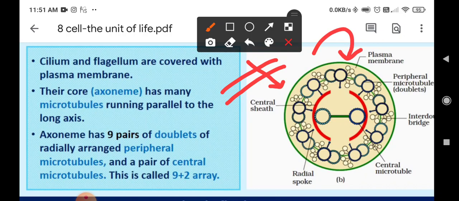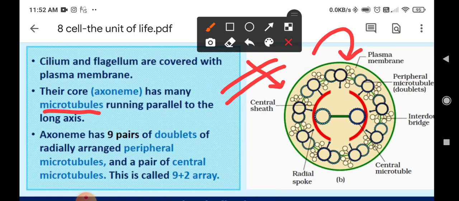Their core is known as the axoneme, and it has a number of protein filaments known as microtubules. Just imagine an incense stick packet: thin polythene is present, and inside it a number of incense sticks are present in parallel fashion. In the same manner, cilium and flagellum also have microtubules running in parallel fashion.